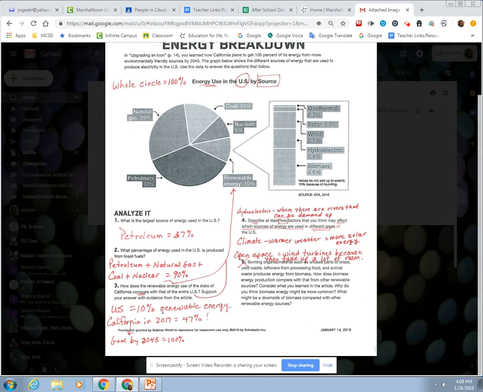Okay. Number 4 was a little bit more difficult. So these, you can tell, kind of go from easy to hard. It says, describe at least 2 factors that you think may affect which sources of energy are used in different areas of the United States. Well, I think we talked about this in class that the climate plays a role.